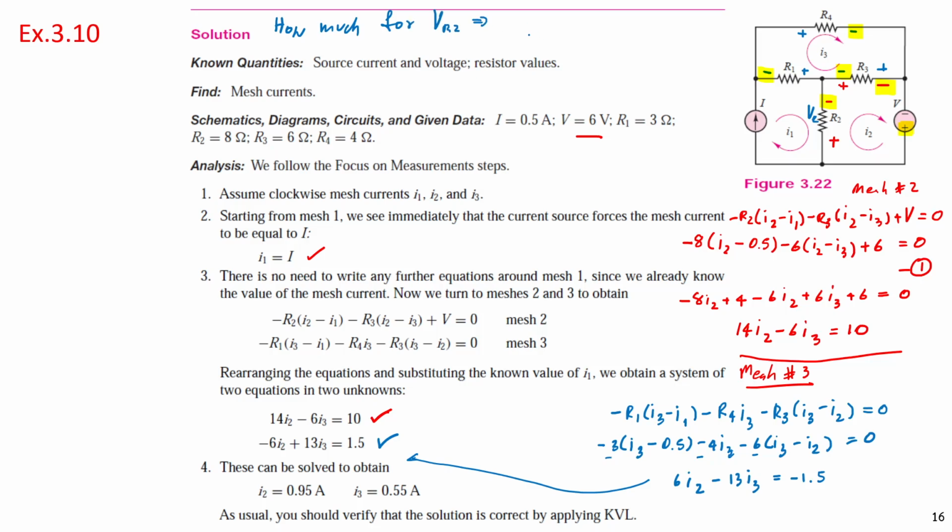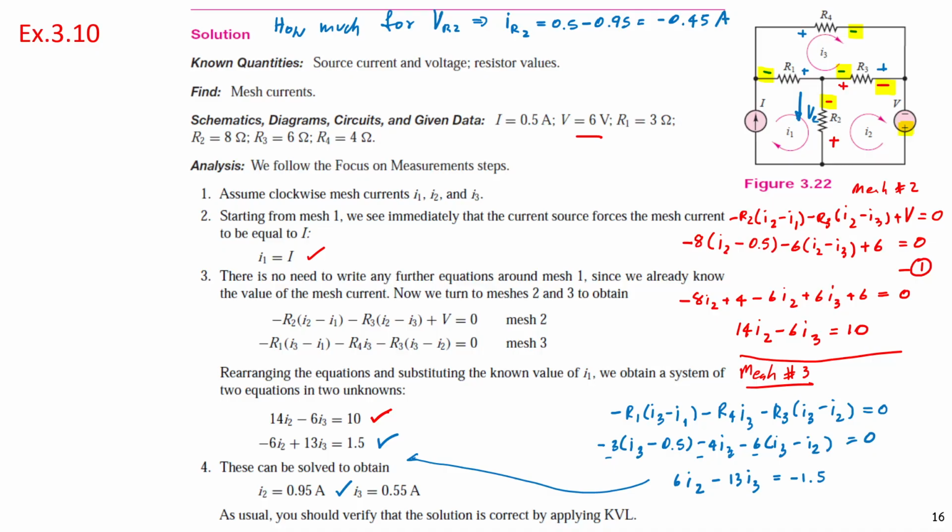First we find out the current that flows across R2, in this direction. If we take this direction as positive, it would be 0.5 minus 0.95, which is equal to minus 0.45 amp.